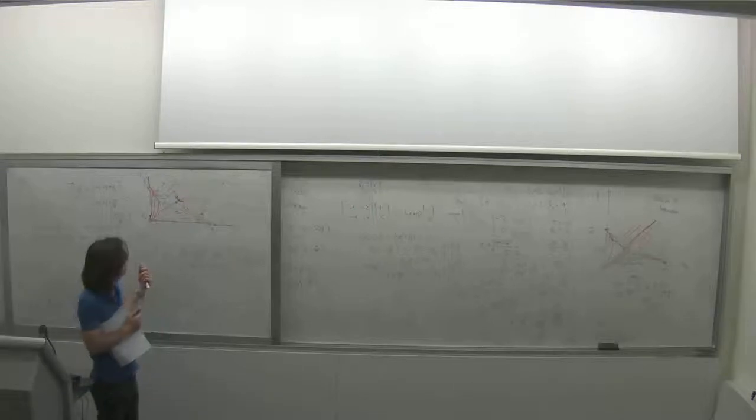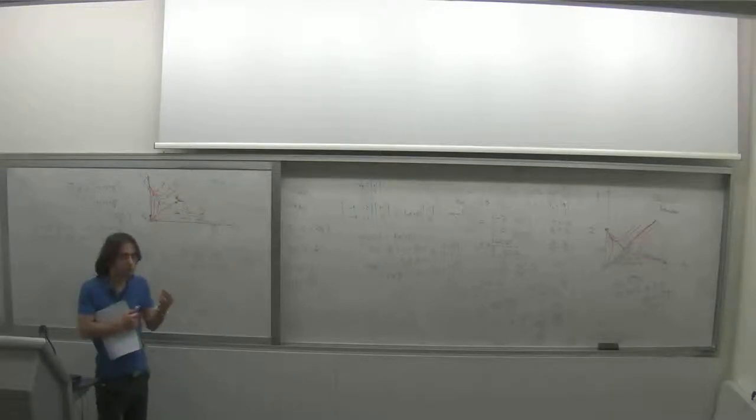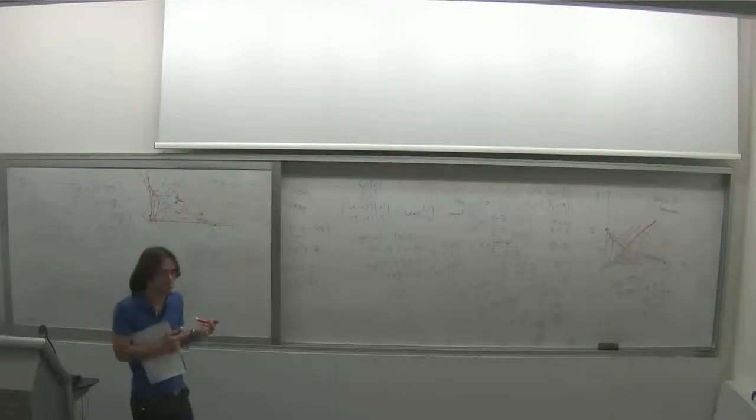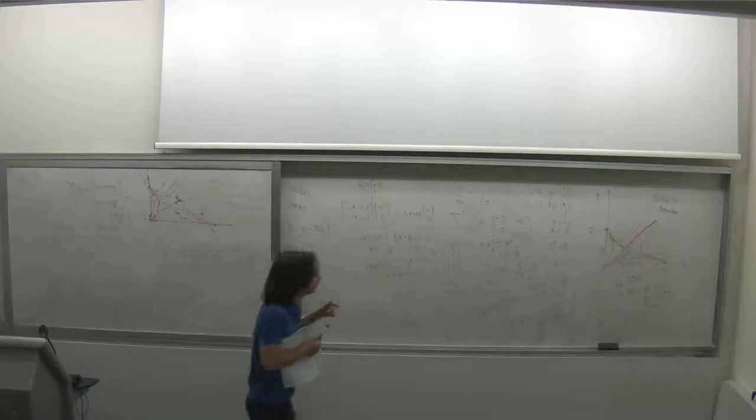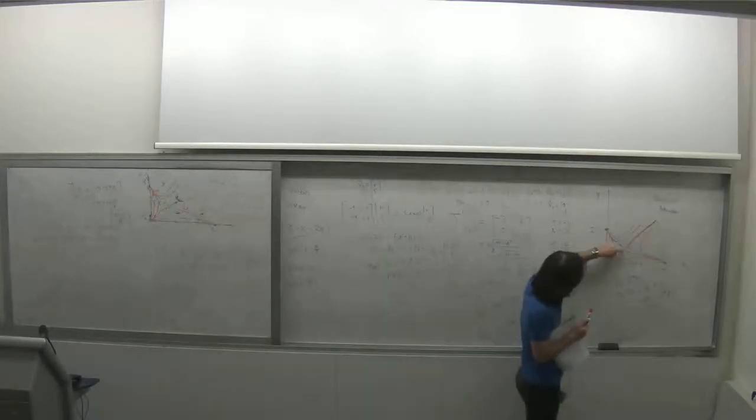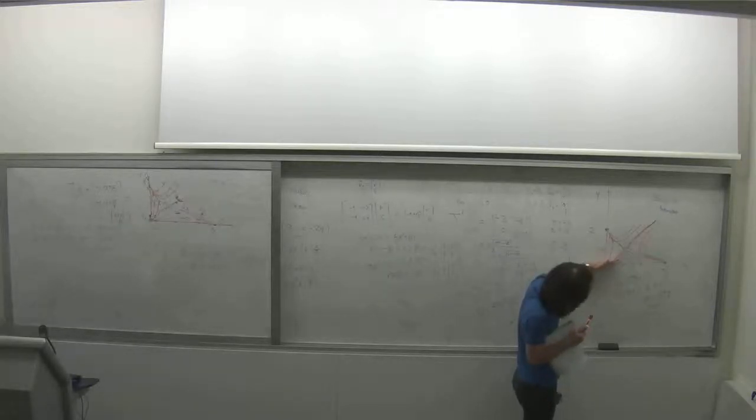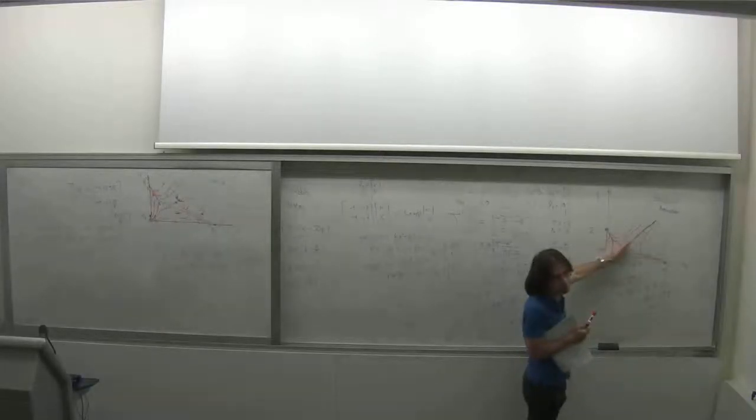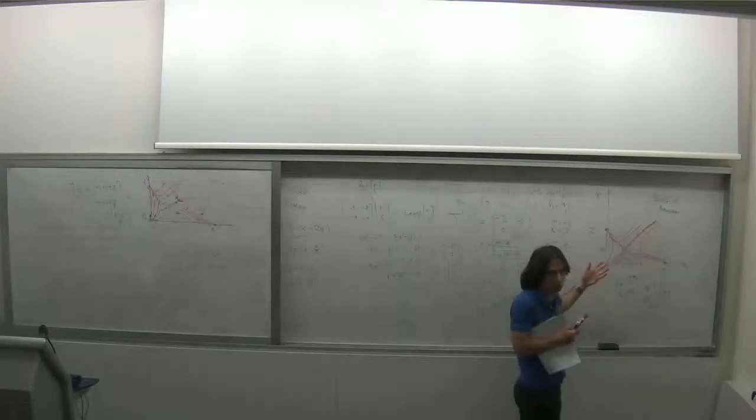But farther away from the fixed point, it's not the eigenvector anymore. It will be the line connecting this to this. So here it is tangent to this point's eigenvector, but here it will be tangent to this point's eigenvector. They're not necessarily the same eigenvector. What's the line? It's a curve.